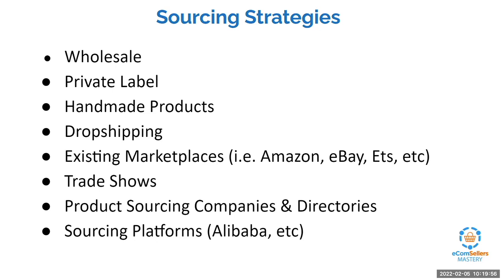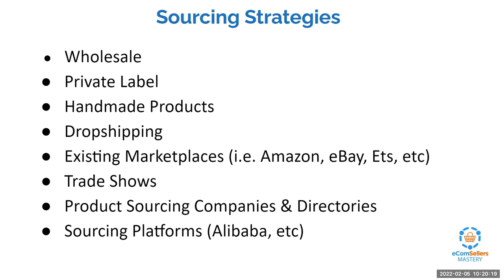You can do product research, of course, and other sourcing research on other existing platforms like Amazon and eBay and Etsy. There is no Y on Etsy. Trade shows, another one to look at for potential sourcing. If you go to a trade show, ask them what integrations they have with Shopify.